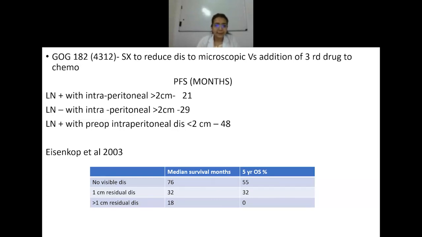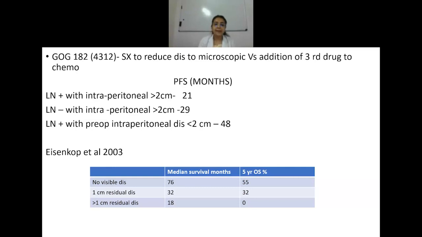They showed that when lymph node was positive with intraperitoneal disease of more than 2 centimeters, progression-free survival is 21 months. When lymph node is negative with intraperitoneal disease of more than 2 centimeters, the PFS is 29 months. When lymph node is positive with preoperative intraperitoneal disease of less than 2 centimeters, the progression-free survival was 48 months.